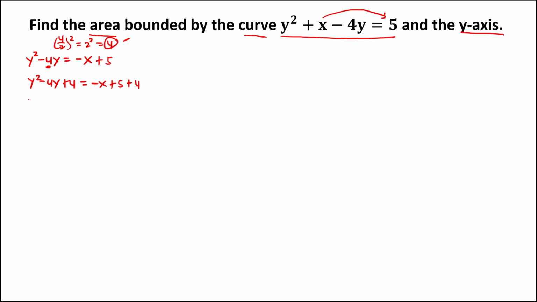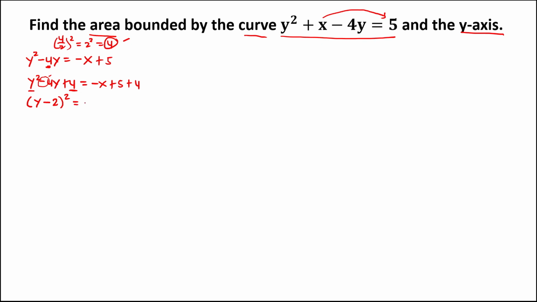Then apply now the factoring. So y squared is y times y. Since the middle term is negative, this is minus. If this one is positive, then this is plus. Then for 4, 4 is 2 times 2, quantity to the power 2.